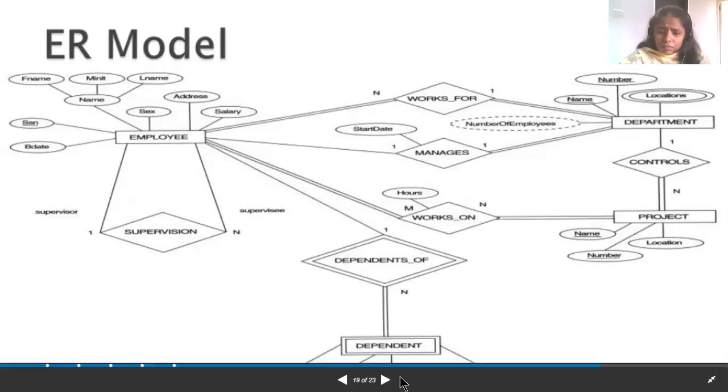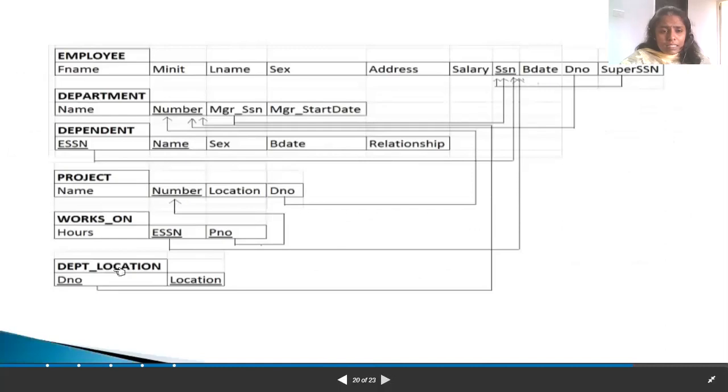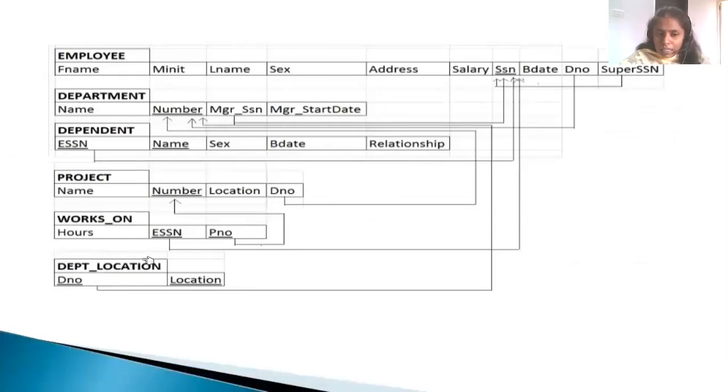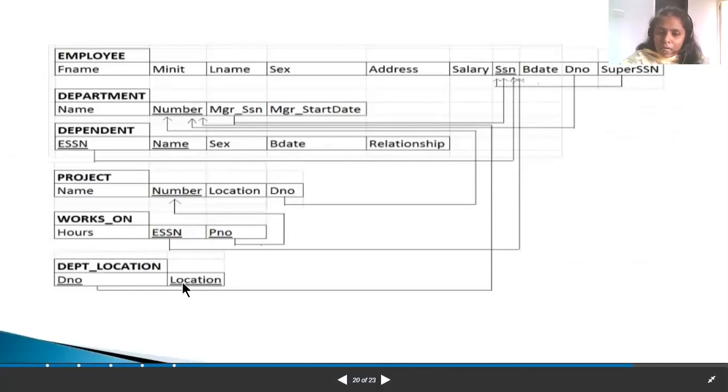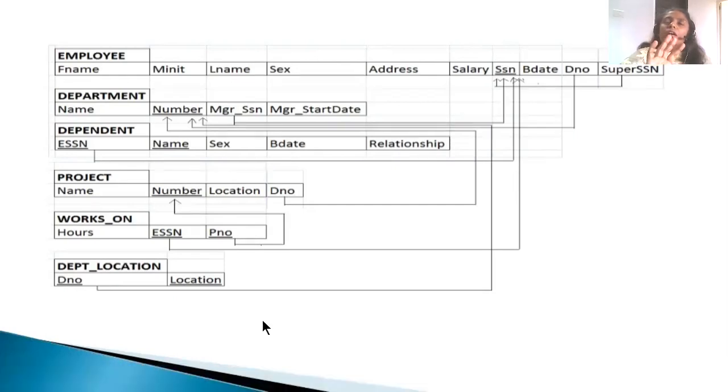Okay, that's what happened here. You can see the department location. One more table we have created, and the location value attribute we have added into the table. Plus we have to uniquely identify, we are telling about the locations of different departments, or different branches.